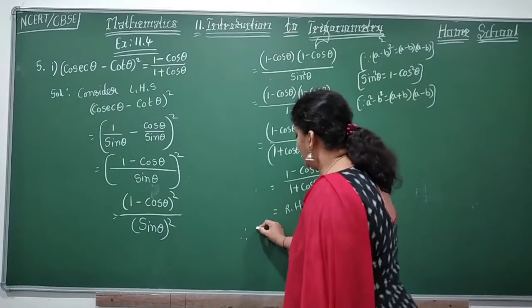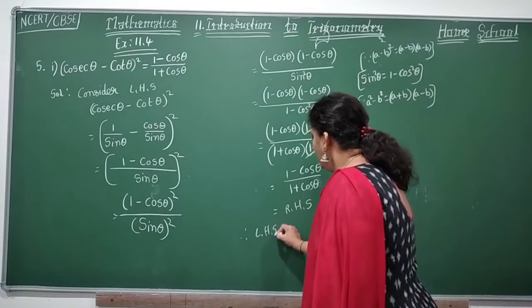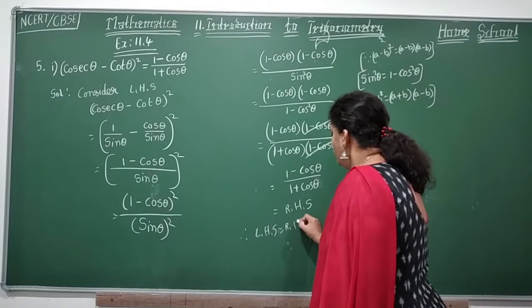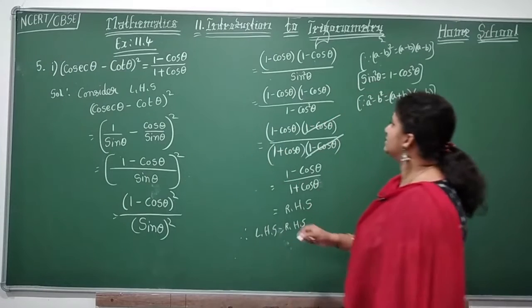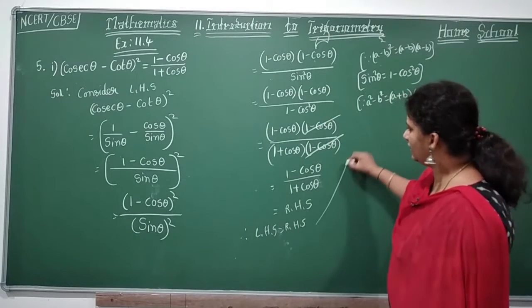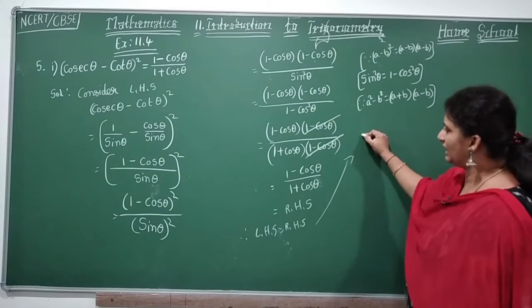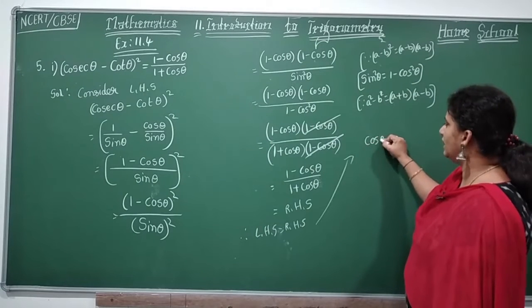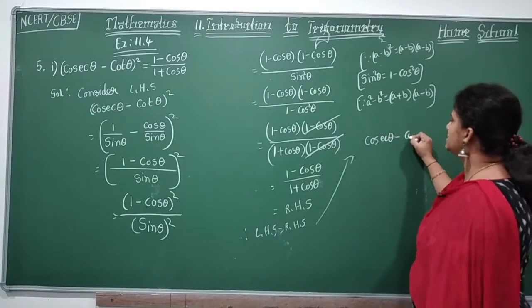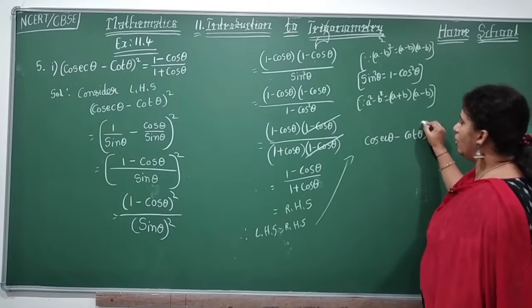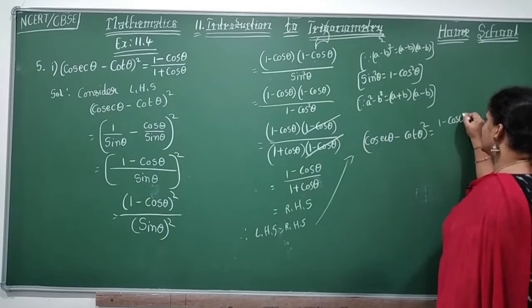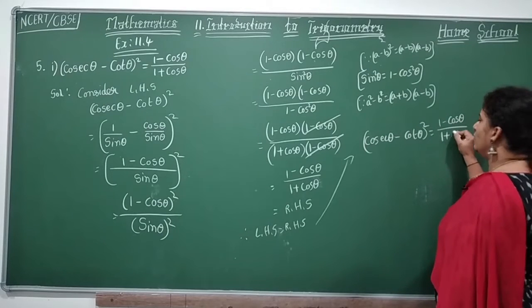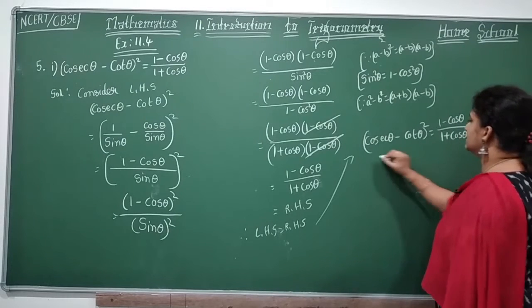Therefore, finally, what can I say here? LHS is equal to RHS. That is, what is your answer here children? Let me rewrite here. Finally, cosecant theta minus cot theta whole square is equal to 1 minus cos theta by 1 plus cos theta.